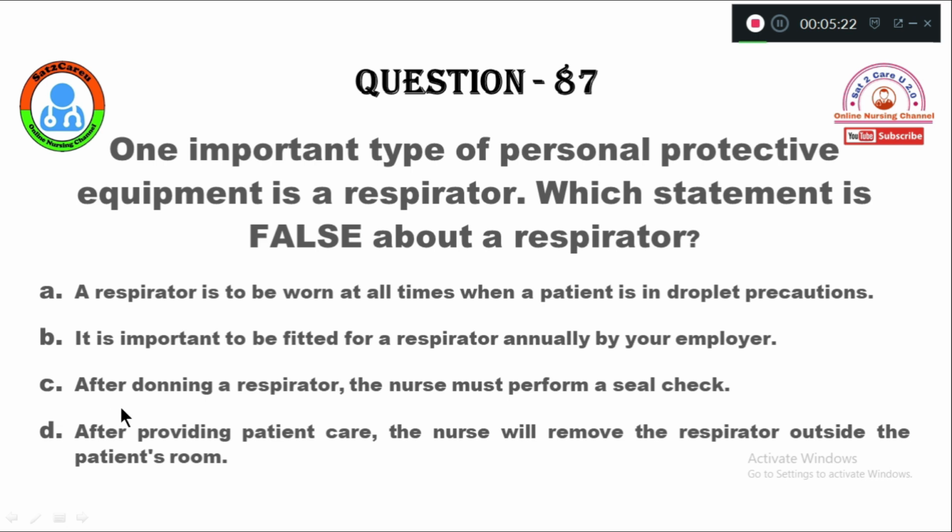Option C, after donning a respirator, the nurse must perform a seal check. Option D, after providing patient care, the nurse will remove the respirator outside the patient room. So which statement is false? The right answer is option A. A respirator is to be worn at all times when the patient is in droplet precautions.